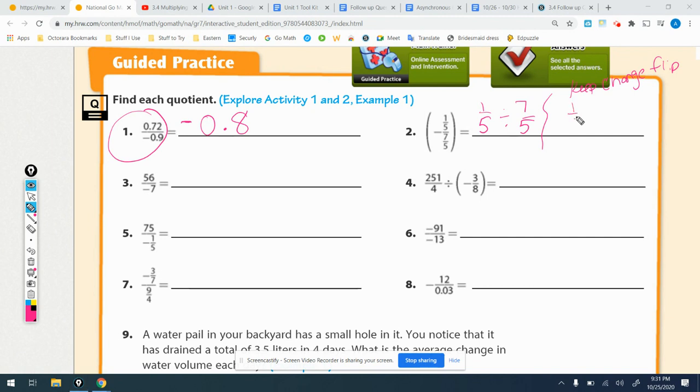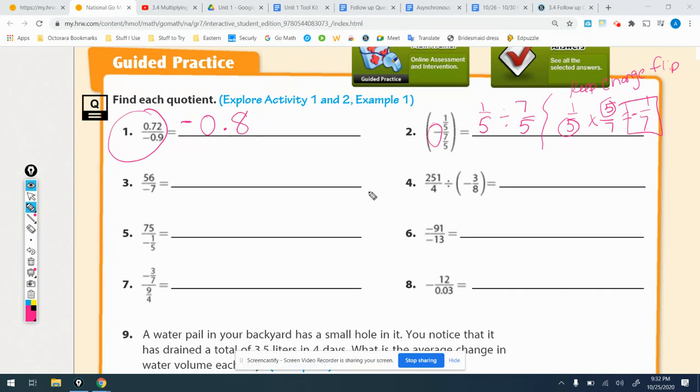This turns into 1/5 times 5/7. Okay, so I could do my multiplying now. Oops, I see this and this cancel out. So I'm actually left with 1/7. And because of my negative sign, my answer will be negative.